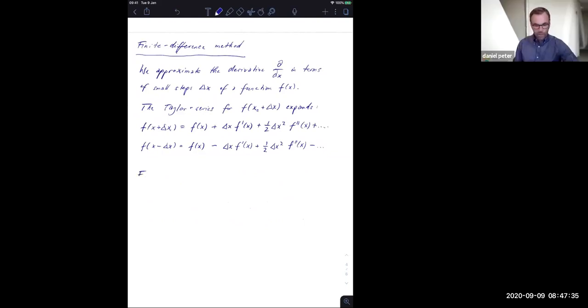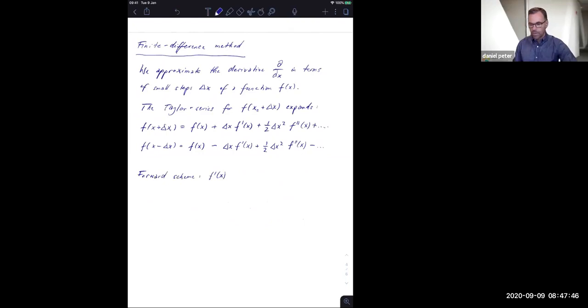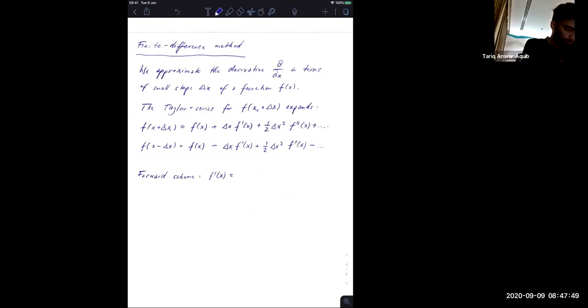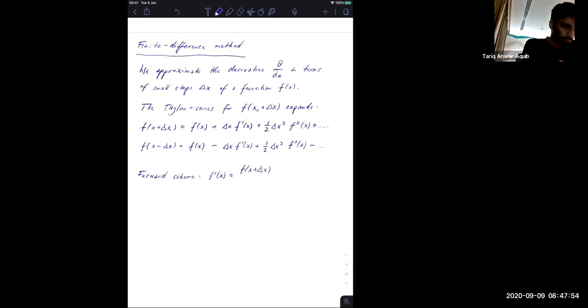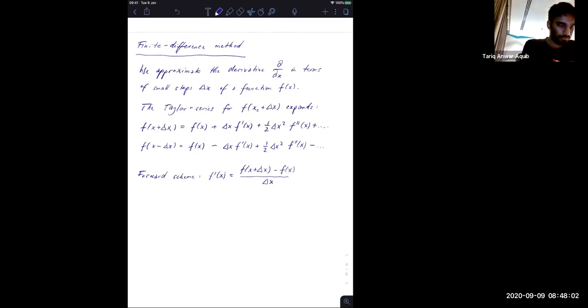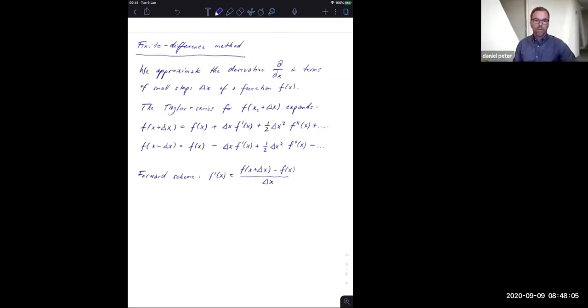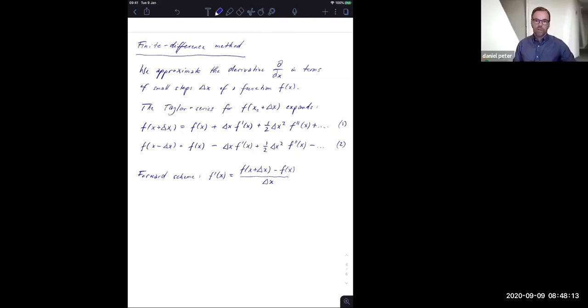And the first one we're going to look at is the forward scheme. Where we take the derivative approximated by f of x plus delta x minus f of x divided by delta x. So take the first Taylor series. So it's based on that one, basically.